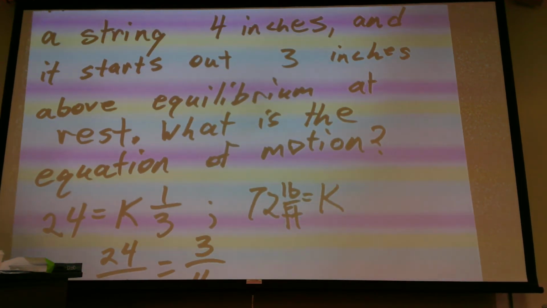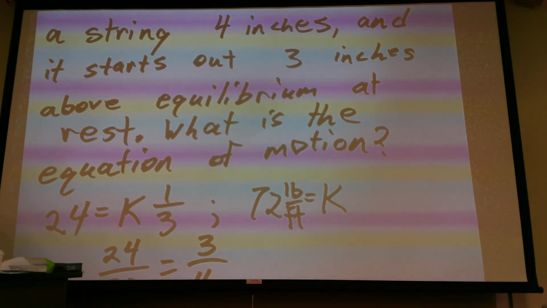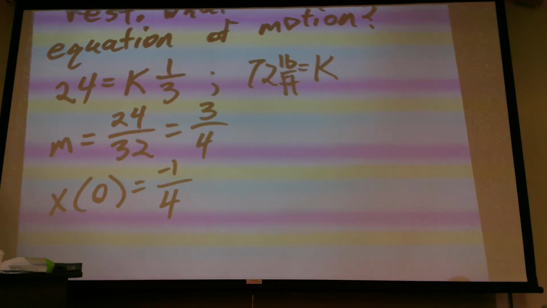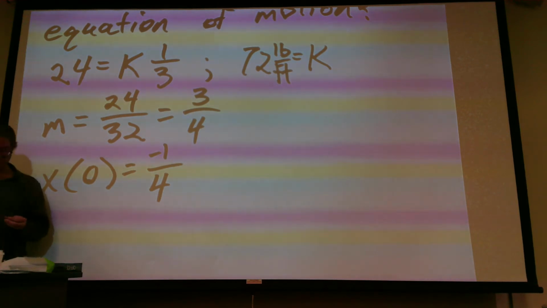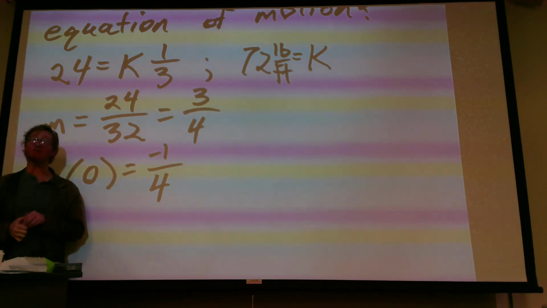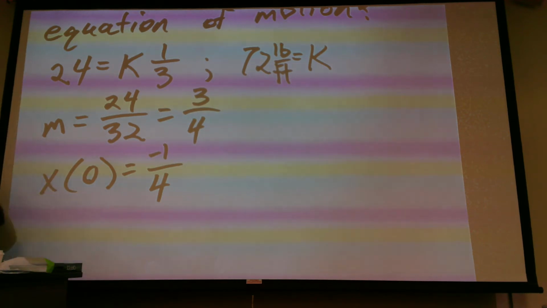And so that means that x of 0 is going to be -1/4. It's 3 inches above equilibrium, so it's -1/4 of a foot.